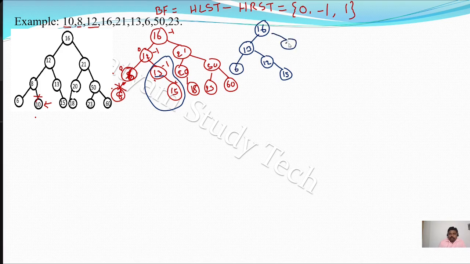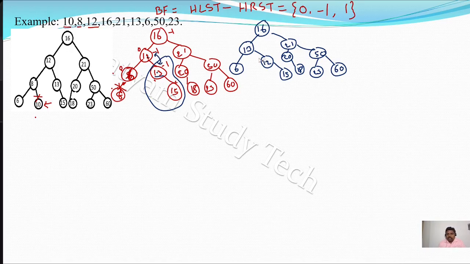Then it is 21, it is 20. Left of 20 is 18, right? 50, here it is 23. Here it is 60.